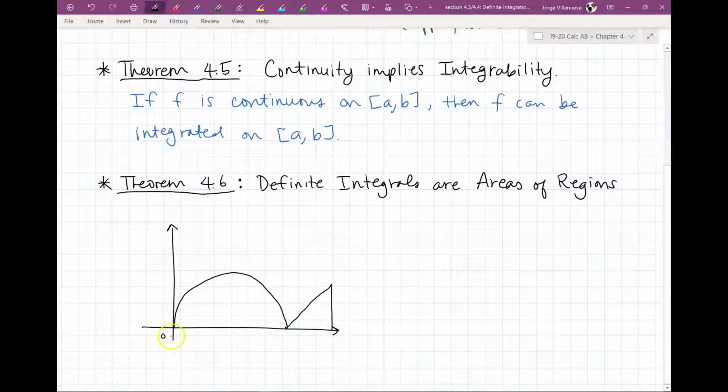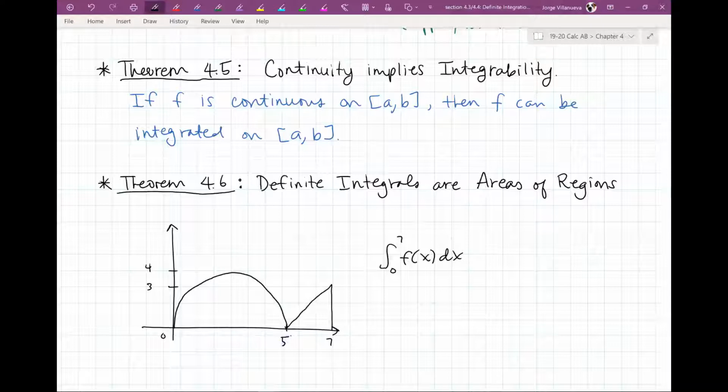Let's say this is 0 to 7. I'm going to ask, what's the integral from 0 to 7 of this function? Let's say this is 4, this is 3, and this is like 5. Again, don't write this down, just look at it, because we'll do a better example of this later on.